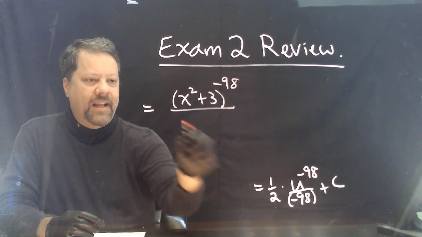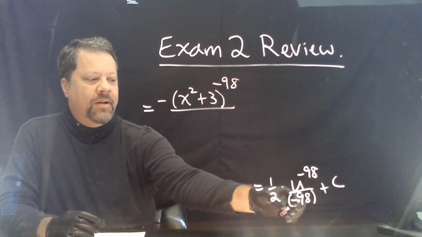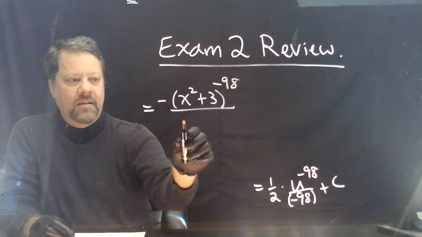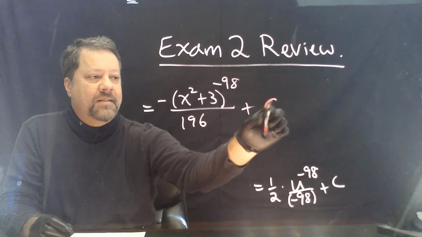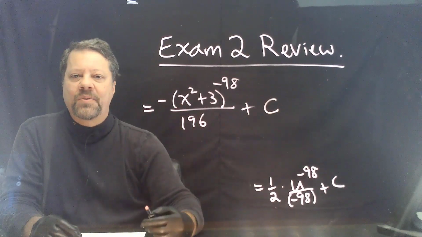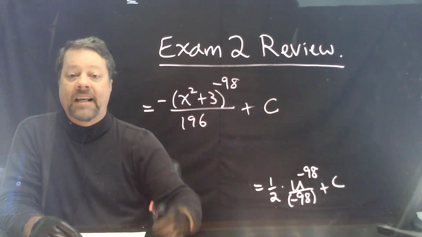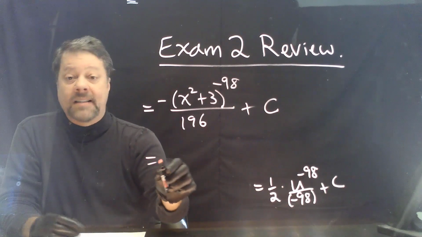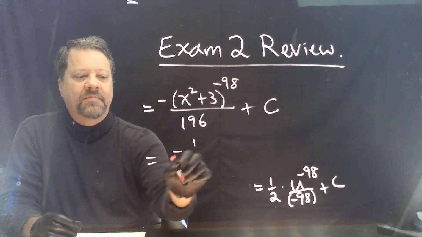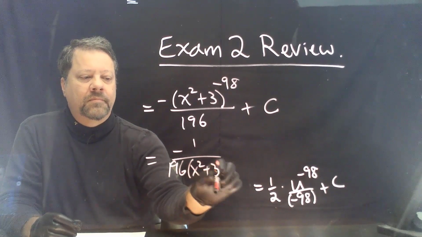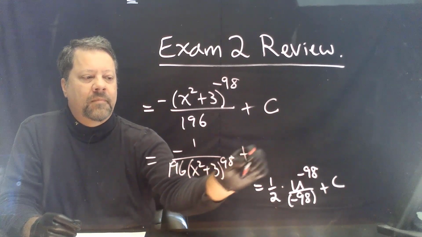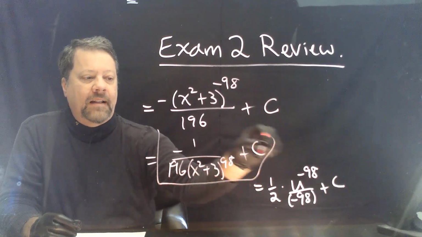Let's see, we have negative 180 plus 16 is 196 plus c. And I suppose we should simplify this by getting rid of the negative exponent. On the exam, I won't make you do that. Yielding our final answer.